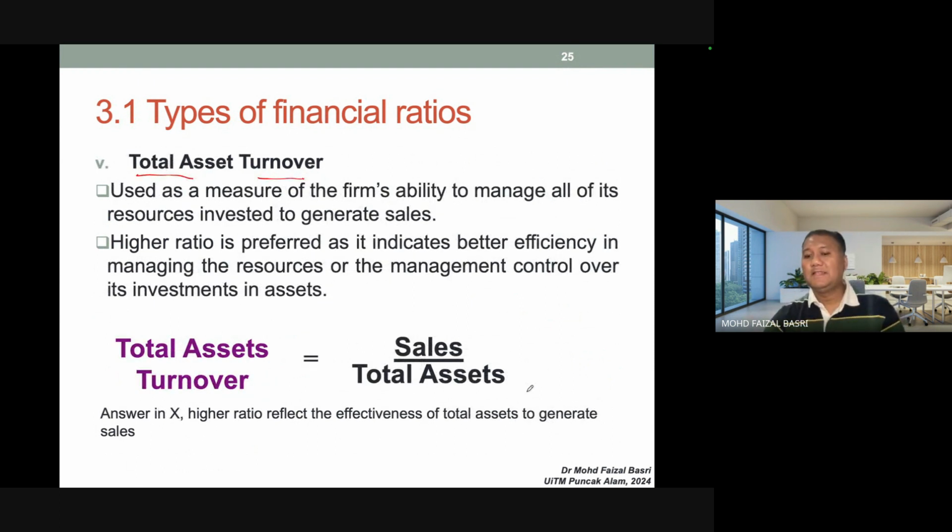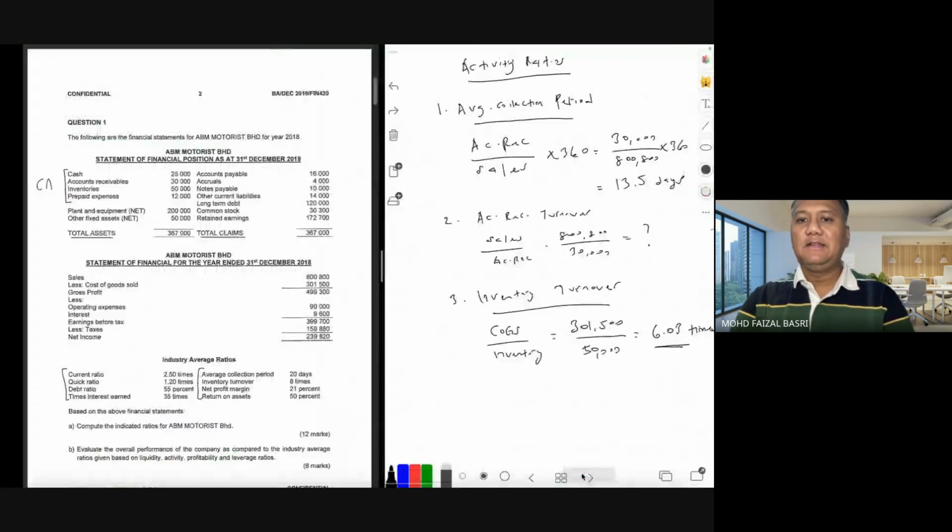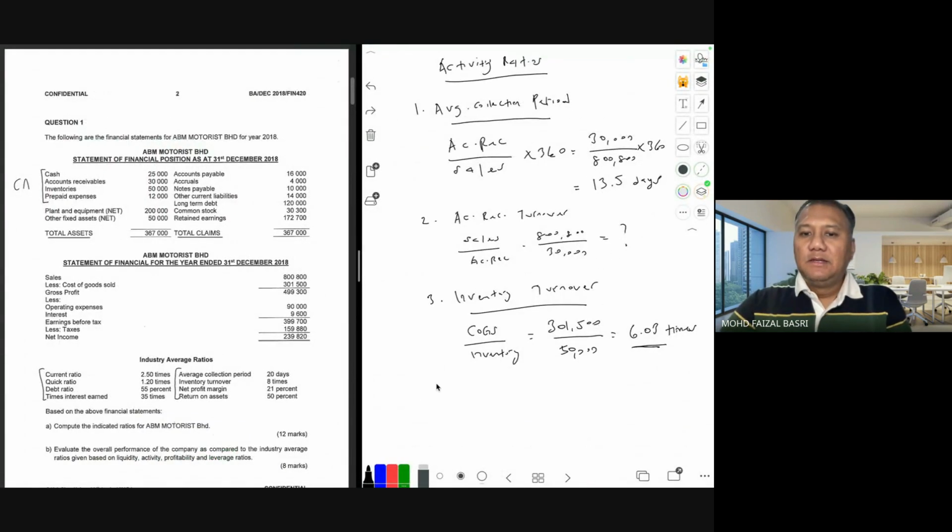Okay, so untuk soalan tadi, they don't have that industry average punya results, okay, to compare, tapi again we still can calculate lah. Okay, number 4, katakanlah fixed asset turnover, P2. So formula dia adalah sales divided by fixed asset.